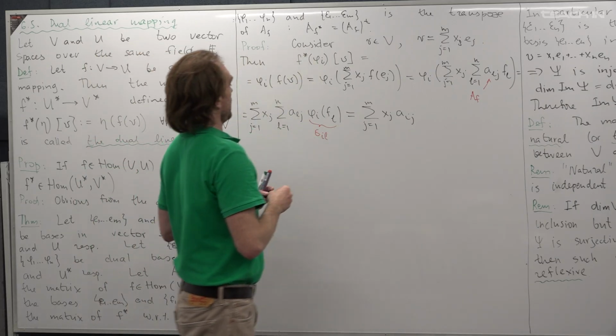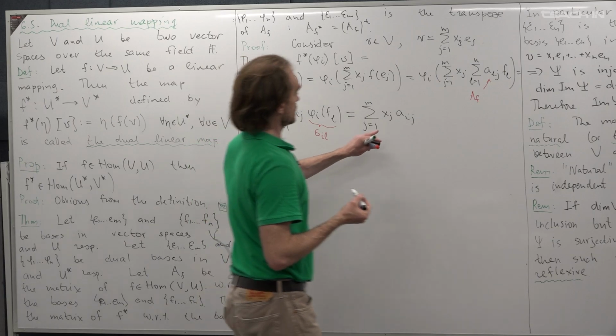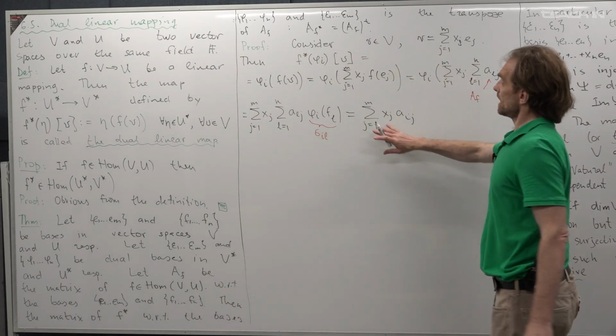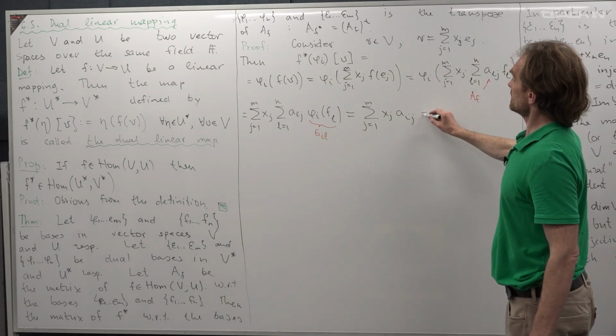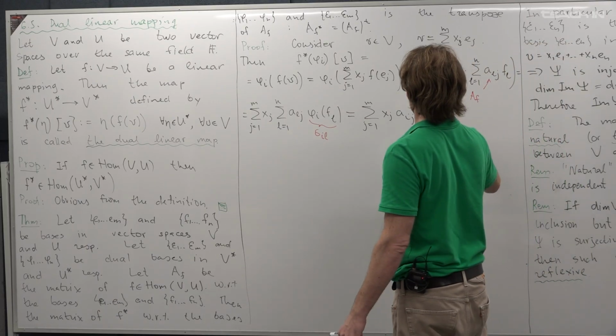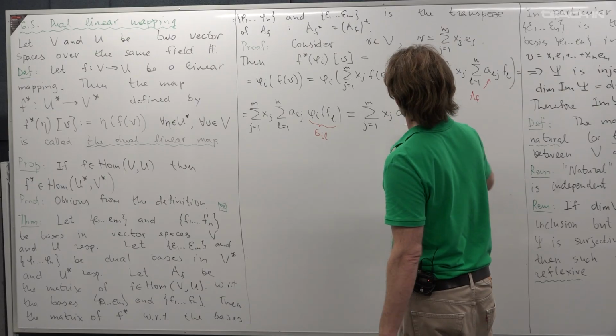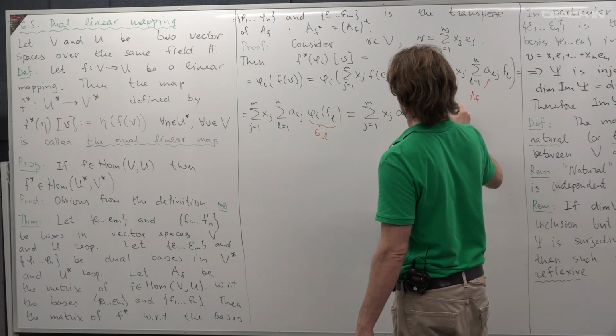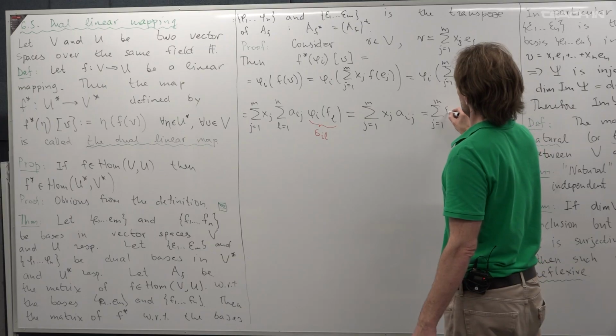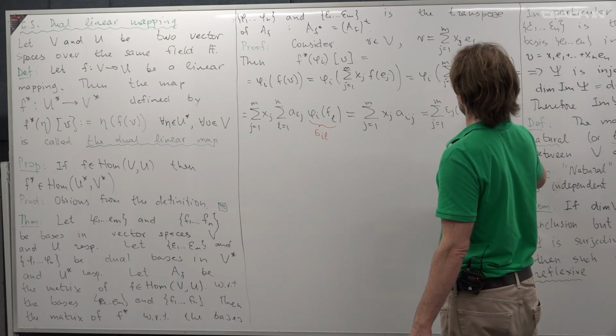Okay, but now let us represent x sub j as the element of the dual basis, the coordinate functional epsilon sub j of v, multiplied by a sub ij.